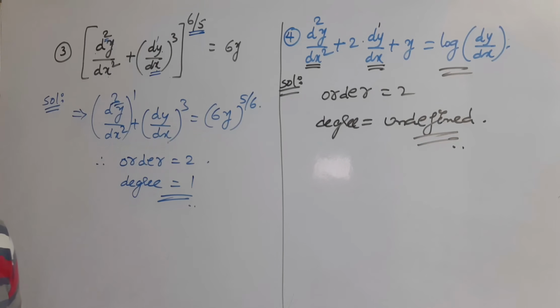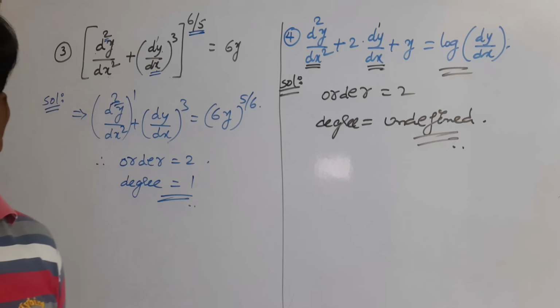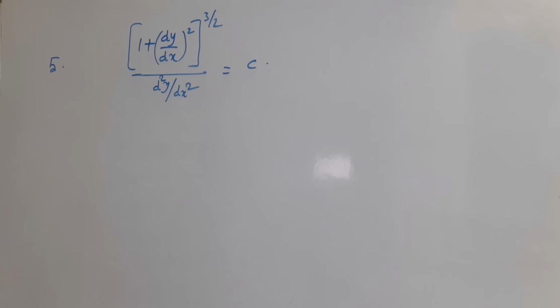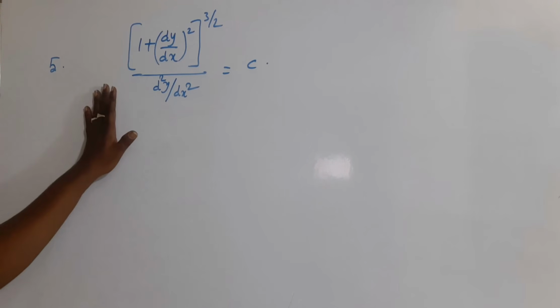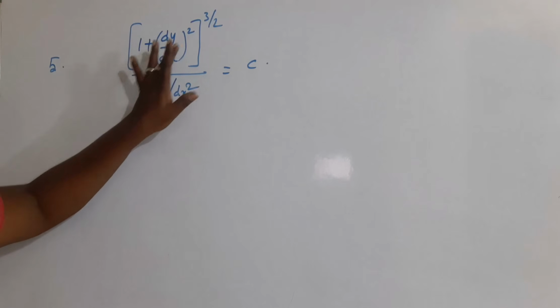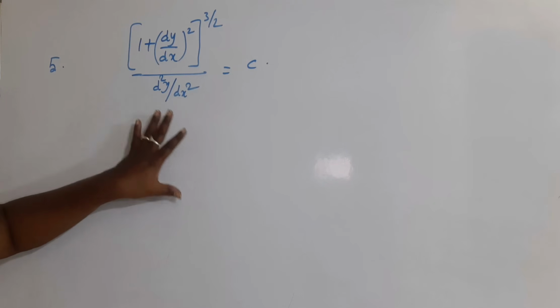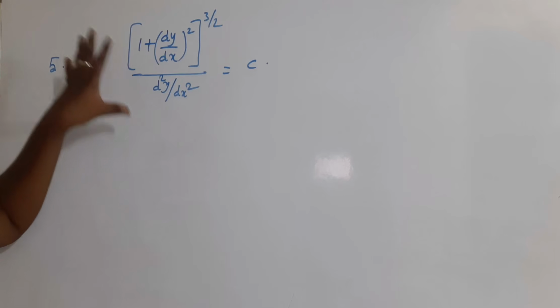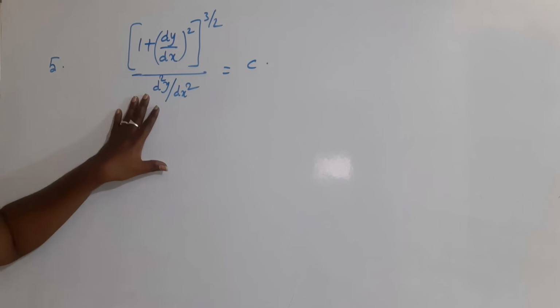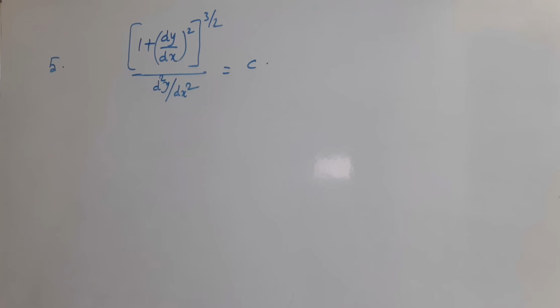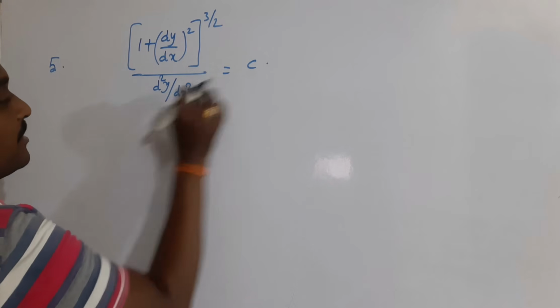Okay, I will give one more example. See the next example. 1 plus dy by dx whole square whole power 3 by 2 by d square y by dx square. Here we are observing that in the given differential equation, one derivative occurs in the denominator. So first reduce it. Take this denominator to the right side.